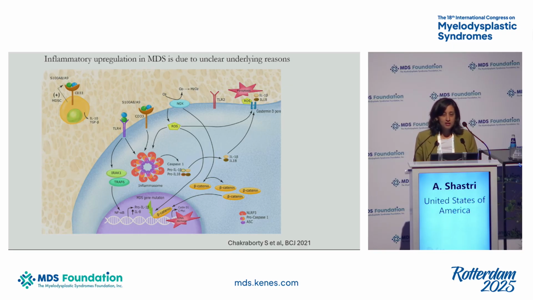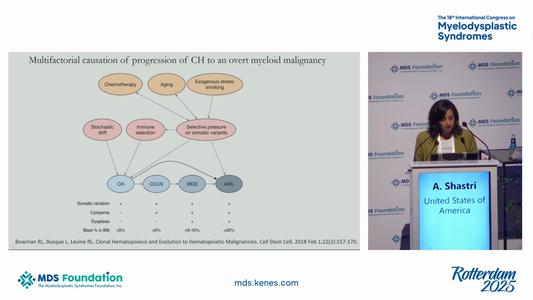However, one of the things that has inspired me to dig deeper into the epidemiology of why there is increased inflammation, and potentially why patients get hematologic cancers, is really my clinic. This is a question I get a lot: why did I get MDS, or why do I have a high-risk CHIP or whatever? And unfortunately, we never have a good answer to this question. So we decided to dig deeper into this issue.